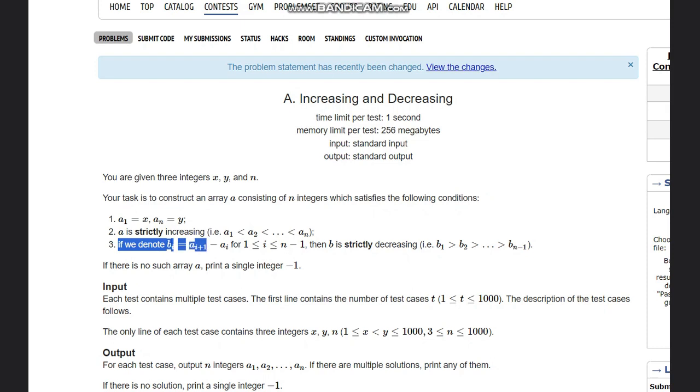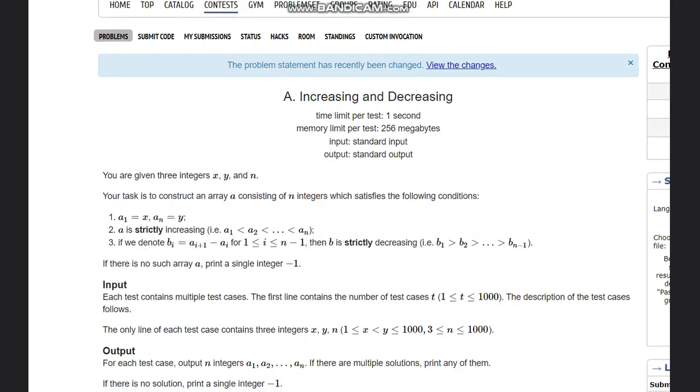If we denote bi by a(i+1) minus ai for i from 1 to n minus 1, then b is strictly decreasing, that is b1 greater than b2 till b(n-1). And at last, if there exists no such array A, we need to print the integer -1.